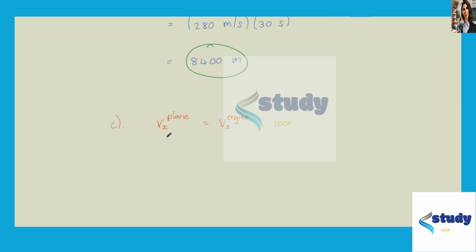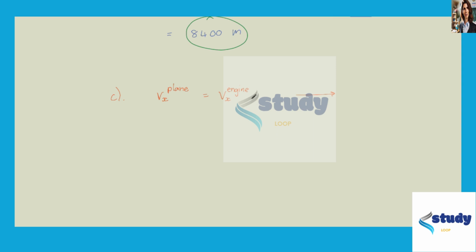So the plane and the engine move with the same horizontal velocity, and so at the point where the engine strikes the ground, the engine would have been traveling the same speed horizontally for the same time as the plane, and therefore the engine will be directly below the plane.